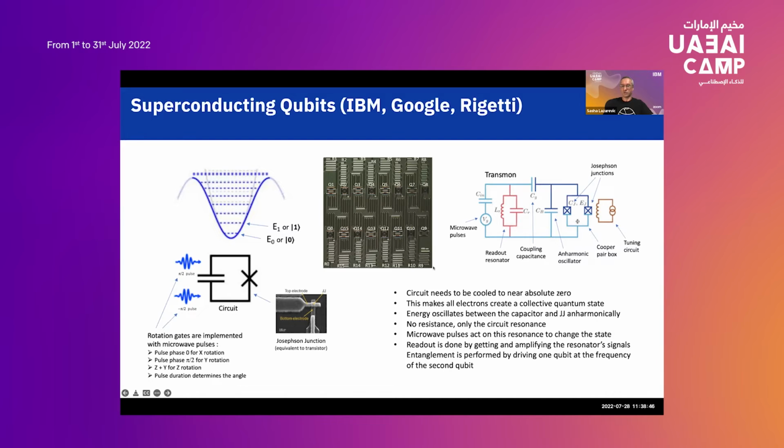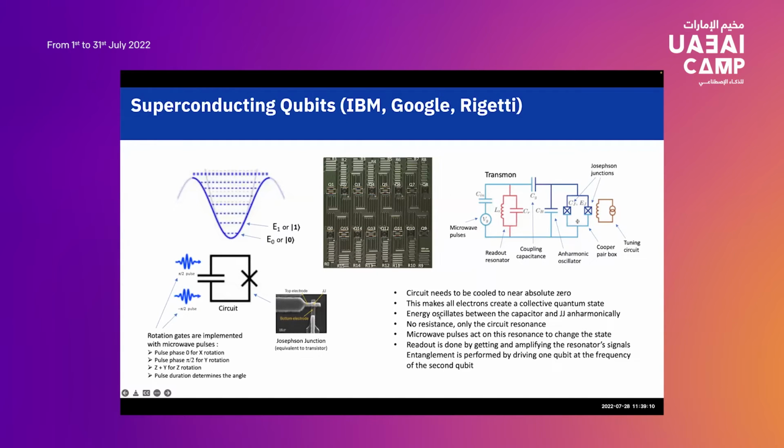So you can imagine that we can scale this, and nowadays we have this Eagle, which has 127 qubits. Next year, IBM plans to issue Osprey, which is 433 qubits, and there is a whole roadmap that I'm going to show you.